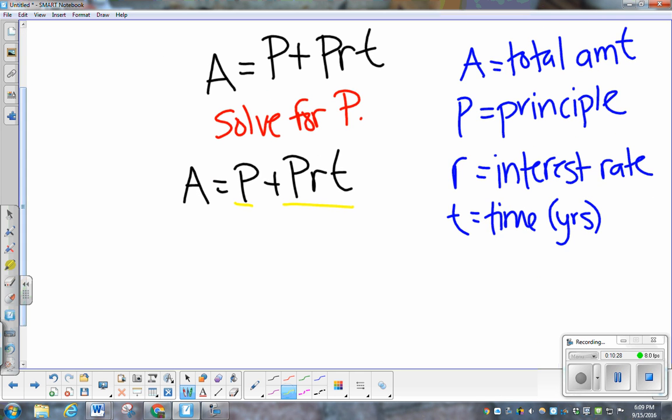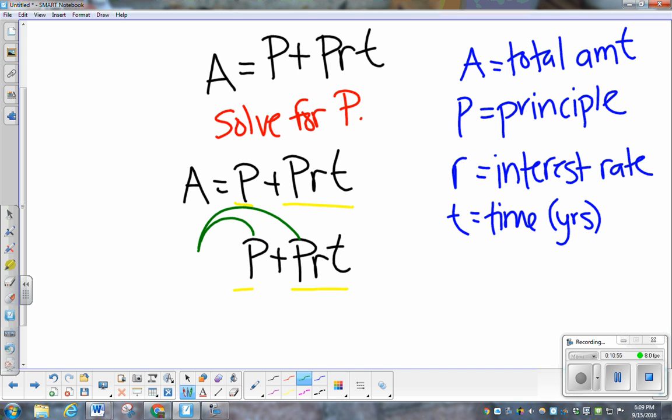Okay, so what we're going to do, I'm going to rewrite this part of my equation again, P plus PRT. Think about distributing here. Think about if someone started with a problem and they had distributed a P into these two terms. What we want to do is undo what they did.